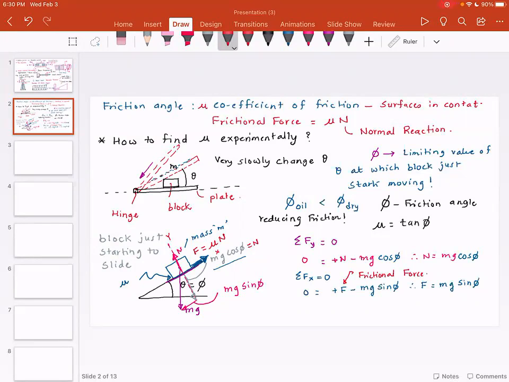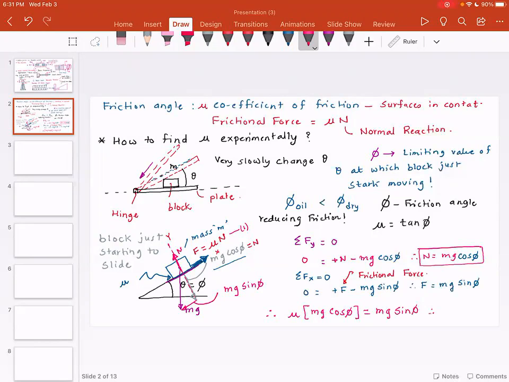And we know the relationship between the frictional force and the normal reaction, and that relationship is given over here. F is equal to mu n. So I can write this equation, and please note the value of n would come from here. Mu times n, which is mg cosine phi, is equal to mg sine phi.